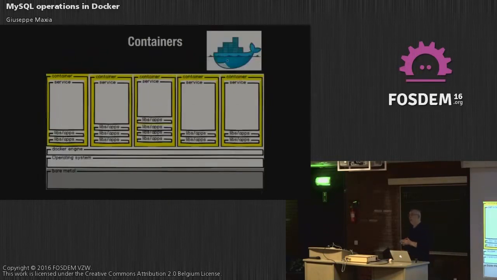And then recently you have the idea of containers. A container is something that looks a bit like a virtual machine, but is not. It's a thin layer of software on top of a Linux machine. I say Linux machine because so far the container systems are mostly on Linux. The container contains only the libraries that are needed for your application. On top of this thin layer, there is your application itself.